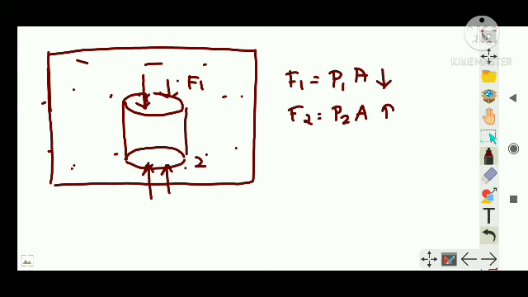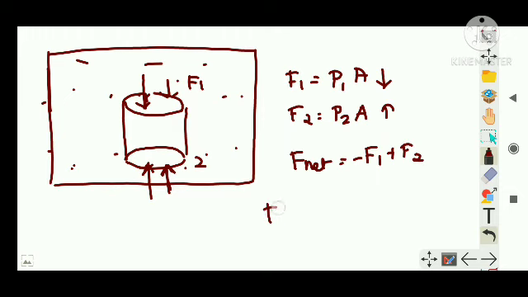This much clear, right? So the net force, if someone asks you, let's say the downward direction is negative, means the total net force will be what? Minus F1 plus F2. I'm taking F2 as positive because upward direction I'm taking positive, downward direction negative.